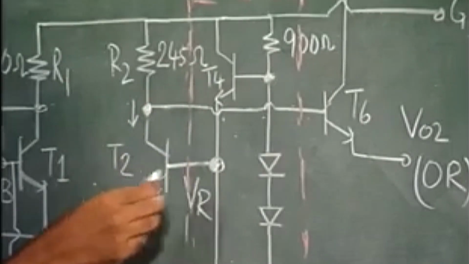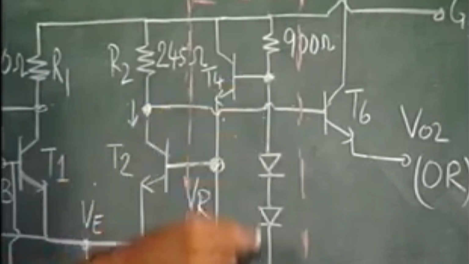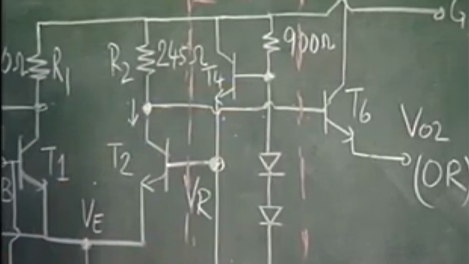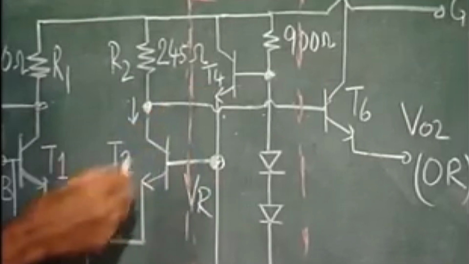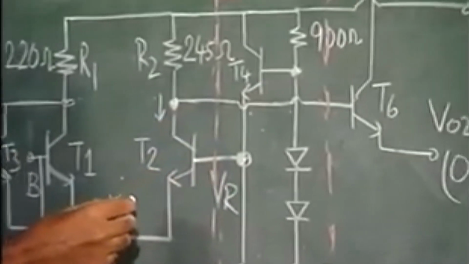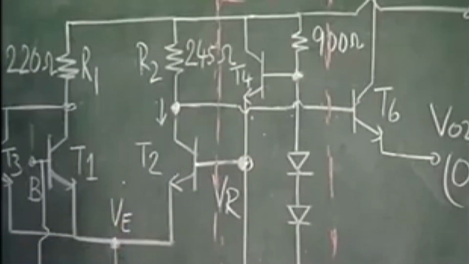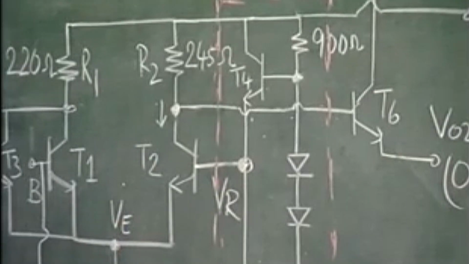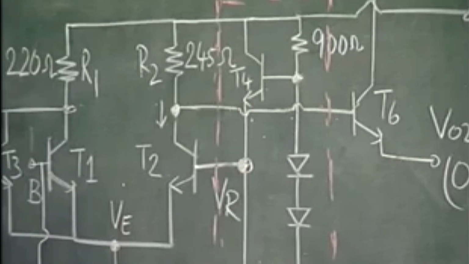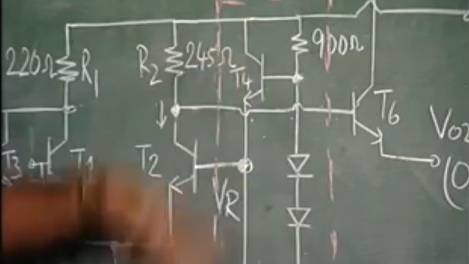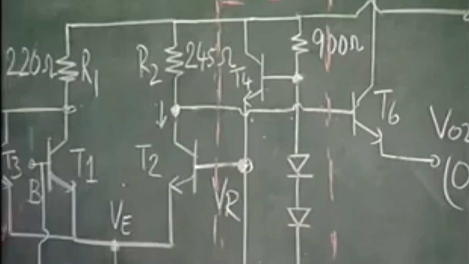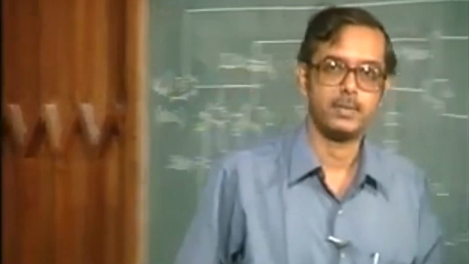So, the presence of these diodes compensates for any change in the voltages across the base emitter of these transistors. So, you do not have any problems as such. These diodes are used for temperature compensation. Otherwise you could have had a simple potential divider type of network.